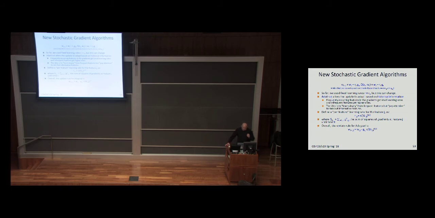So notice the indices here. I'm adding more indices. This G is a vector. The W is a vector. T represents the time, where we are in the iterations, and J represents the feature of this vector. So I have G_tj and W_tj. I'm defining a per feature learning rate this way.